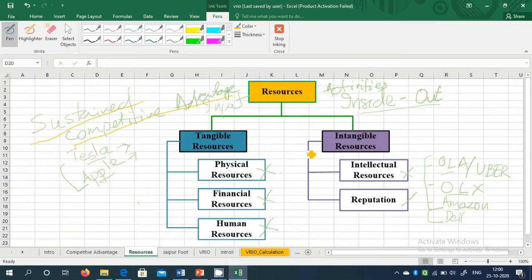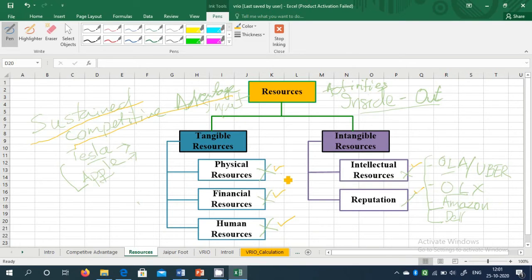So now we have said that resources are input for carrying out activities, and these are the different types of resources, and nowadays any of these, like physical resources, can be achieved by your competitor; financial resources can be achieved, human resources can be achieved, intellectual resources can also be achieved these days. And then reputation.